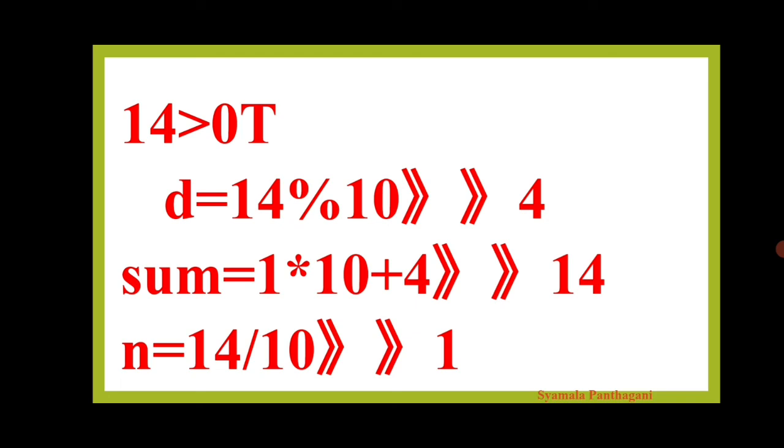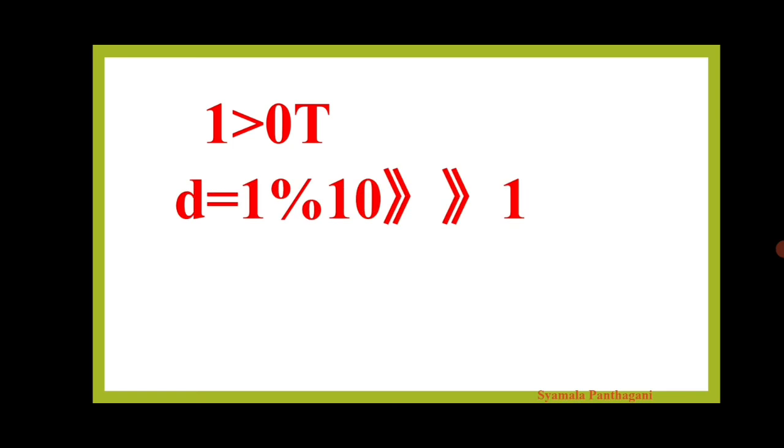Now come to the third iteration. 1 is greater than 0, that is true, and d is equal to 1 mod 10. That is, here we are taking the remainder, that is 1.